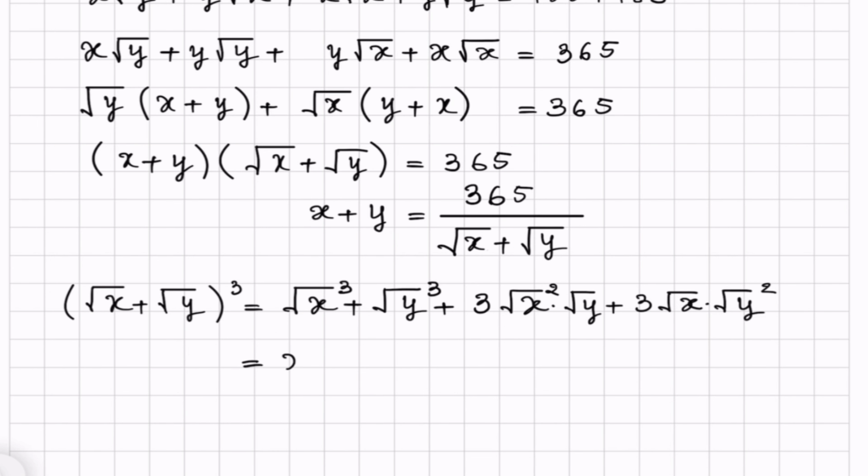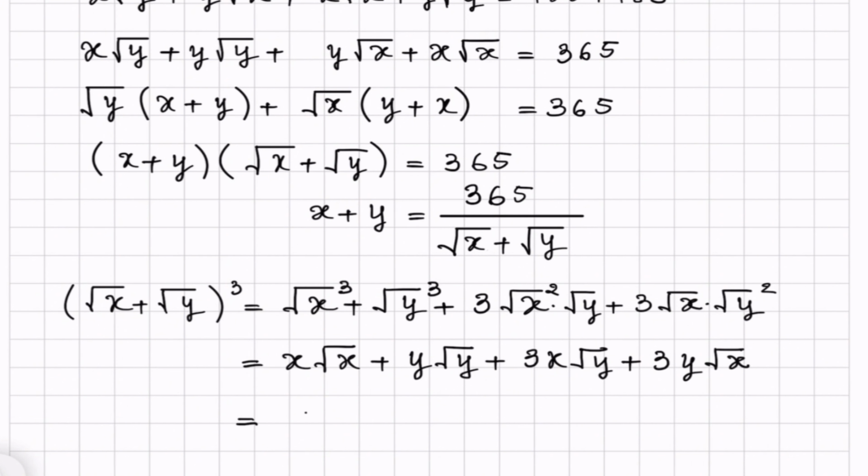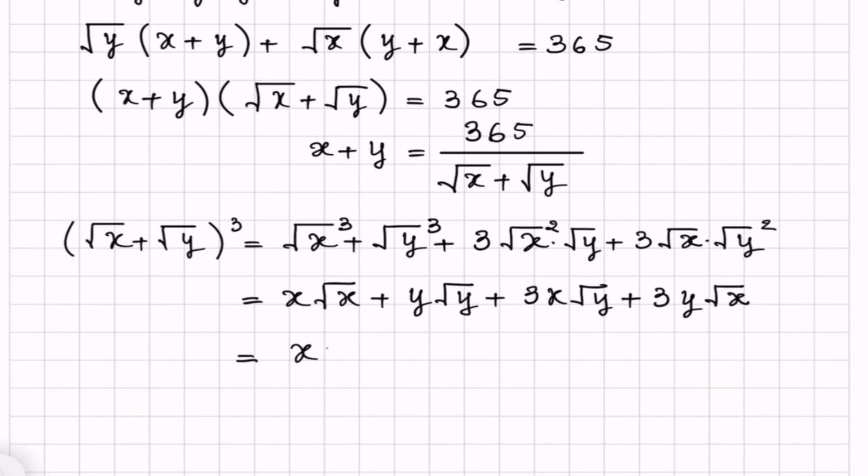Then we will get x square root of x plus y square root of y plus 3x square root of y, and then plus 3y square root of x. Then we get x square root of x plus y square root of y, and then plus 3 in common, we will get x square root of y plus y square root of x.